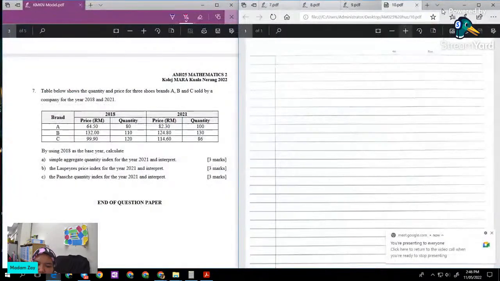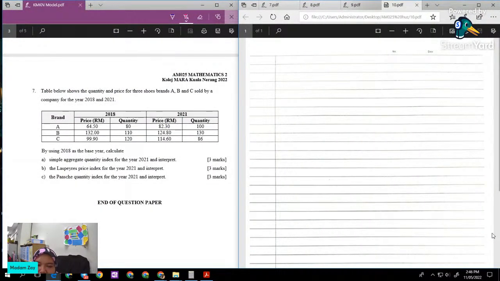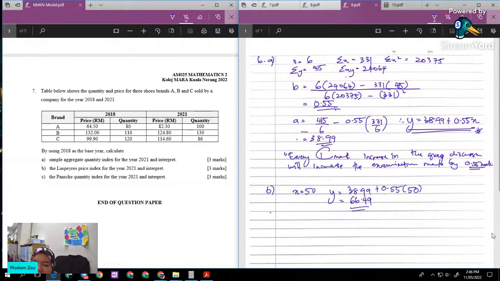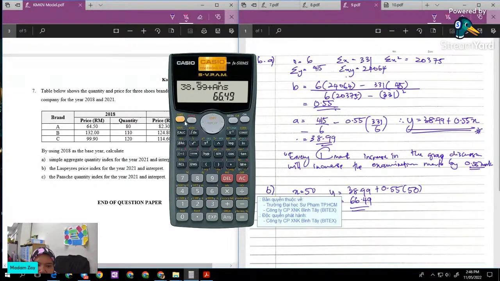Dalam calculator tu dia punya nilai yang exact value. Sebab dia gunakan nilai R kita, nilai B kita tu bukan 0.55, tapi dia ambil yang ada point-point-point kat belakang tu. Kalau you tengok nilai shift tu tadi, nilai B kita 0.55316277.